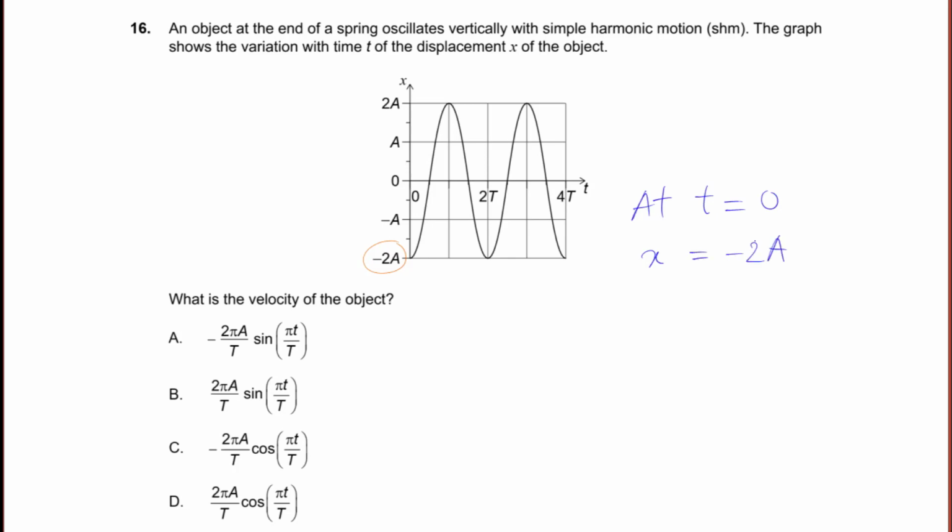It is at the negative maximum displacement and it's moving to the equilibrium position, moving in the positive direction, which means the velocity must be positive, and it was initially at the maximum displacement, so the initial velocity must be 0. So it must start from 0 and then increase.